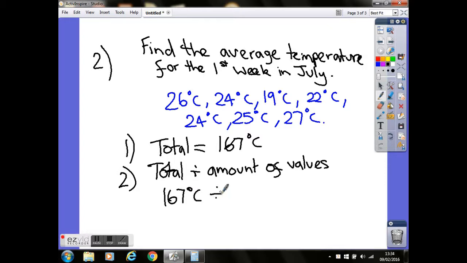Now, from the question, it should be fairly obvious that we've got 7 values because we're doing it for the first week. However, it's always worth checking if you're not 100% sure by just counting again. So 1, 2, 3, 4, 5, 6, 7. So we have indeed got 7 values. So we're going to do 167 divided by 7 to find the average.